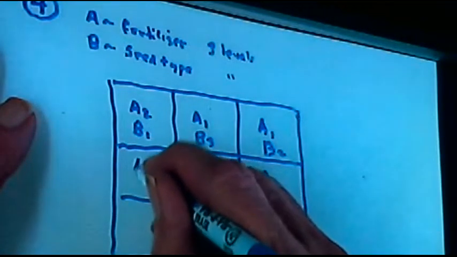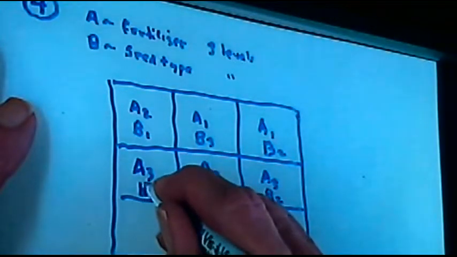Then let's see, I've got a third A3 here with a B1. Then I'll move down here and try an A3. I've got 3 A3s now. For a B1, it has to be B3.